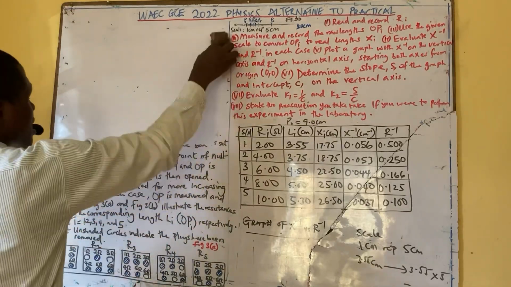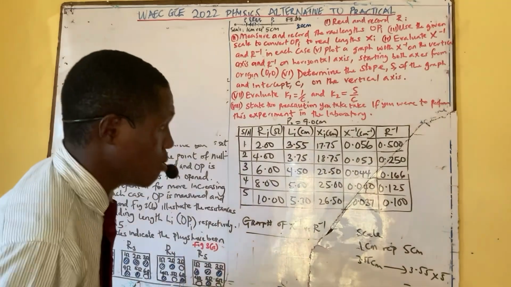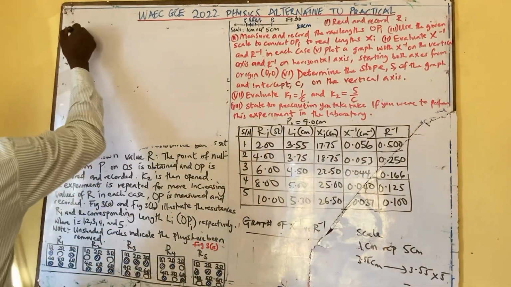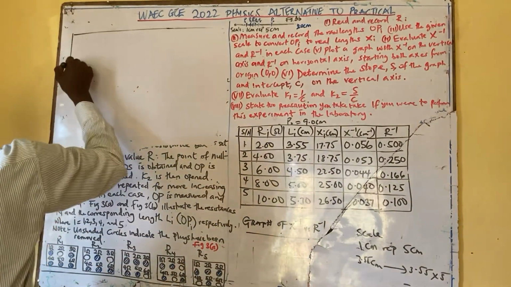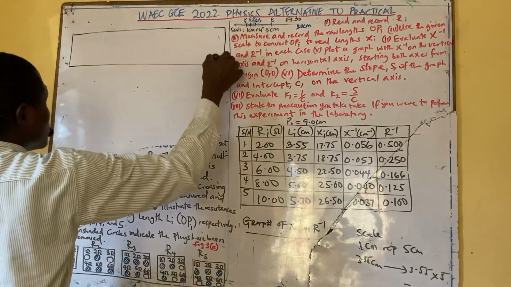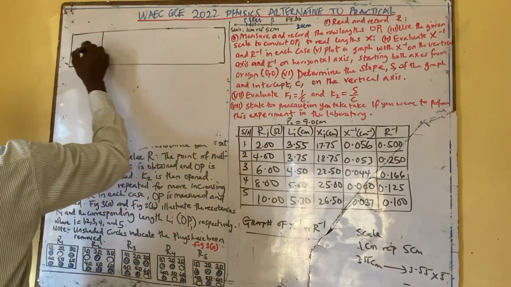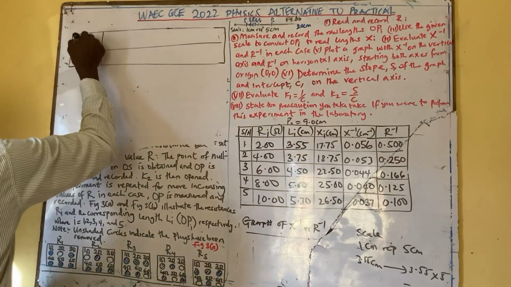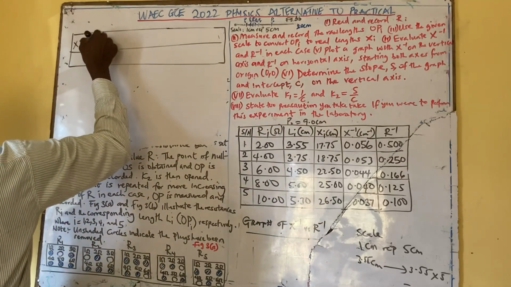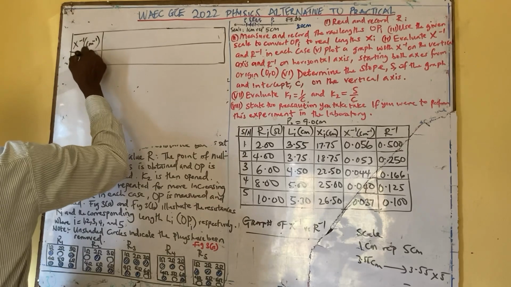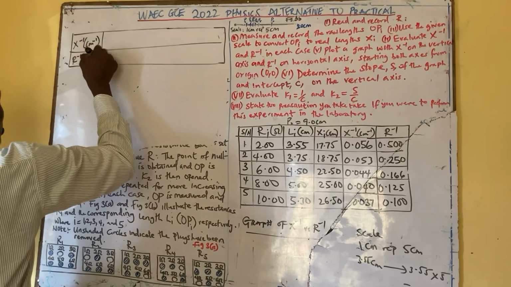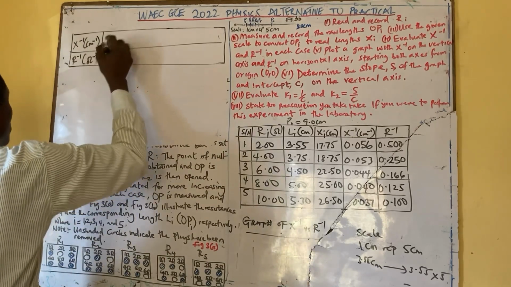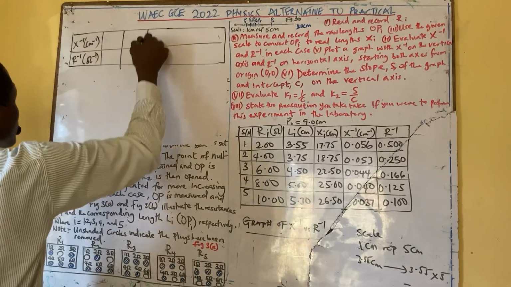So quickly write this and then put it down, because I will hang my graph very soon. We are going to have the graph of S inverse per centimeter and R inverse per ohm. So we have 5 columns.